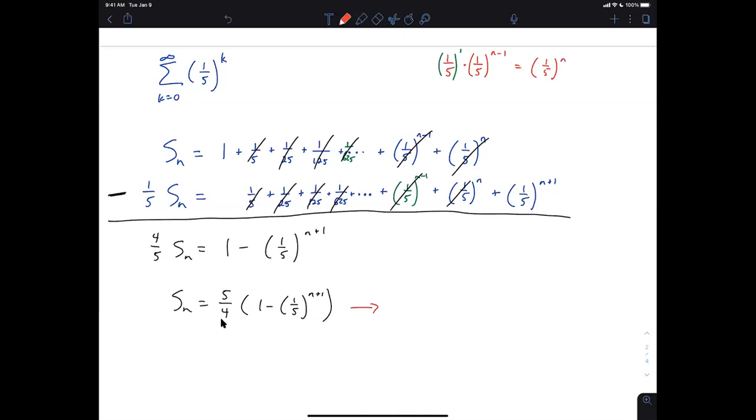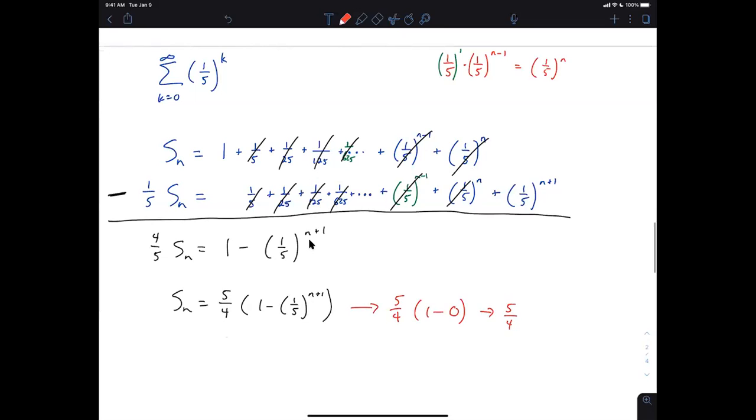It just gets multiplied by 1. Yeah, it's 5/4 times 1. And then this part goes to 0. So then this series converges to 5/4. Does that make sense to everybody? Questions?